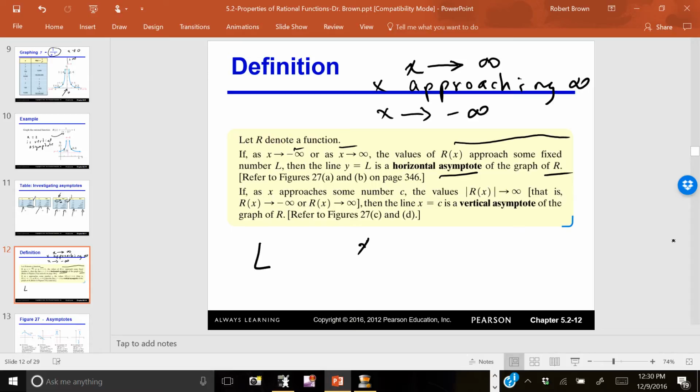Also, if x approaches some number c, for example 2 on the previous graph, if the value of r of x approaches minus infinity or plus infinity, then the line x equals c is called a vertical asymptote of the graph of r.